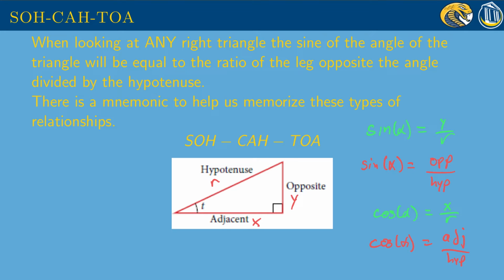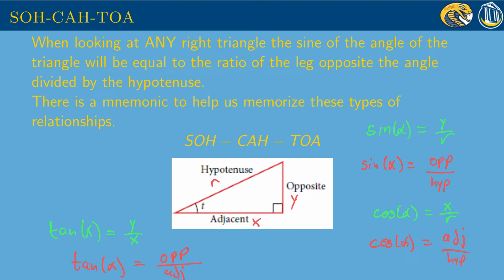There's one more for tangent. We've defined tangent of some angle as y over x, but we know from our little drawing here that y is our opposite and x is our adjacent, meaning our new definition is that tangent alpha equals opposite over adjacent.